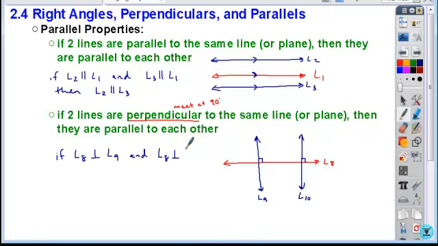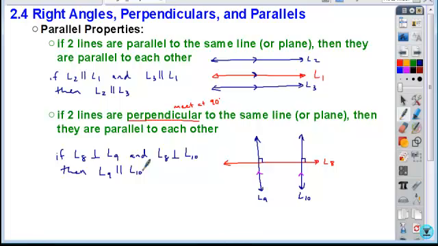So if line 8 is also perpendicular to line 10, then the relationship that exists here is that these two perpendiculars are parallel to each other. So the result of this is that line 9 and line 10 would be parallel to each other.